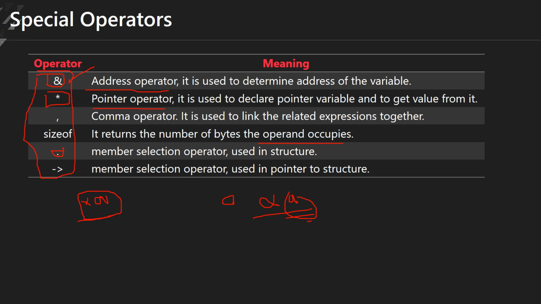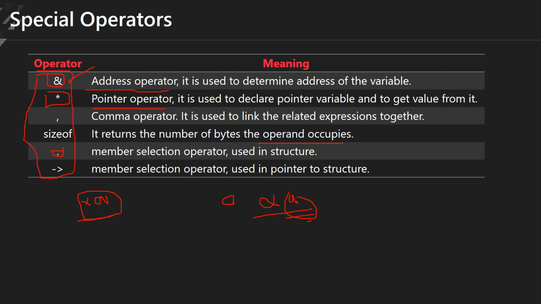The arrow, the member selection operator, is used with a pointer to the structure. We'll understand this better while explaining structures and clarify all doubts, but right now we just need to know what these operators are.